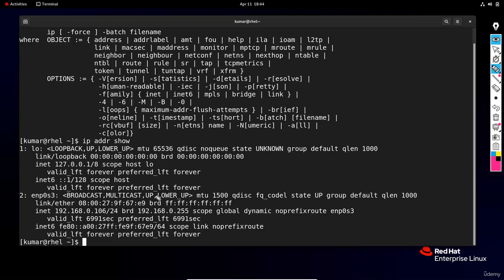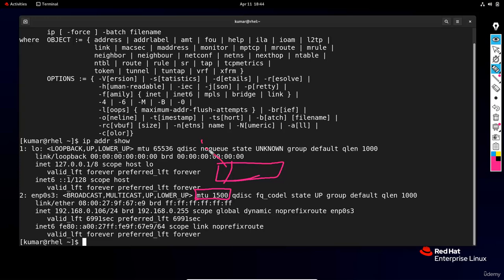What you see when you run the ip addr show command is, first, the MTU. So what is the MTU here? The maximum transfer unit. What does it mean? We have already discussed the packet size. A packet has two parts.